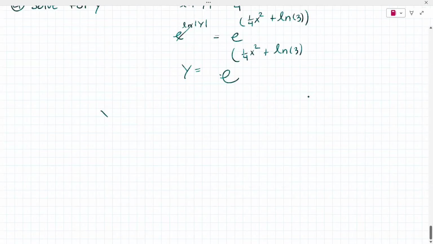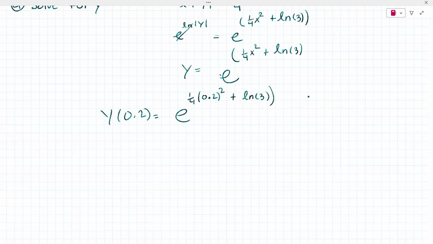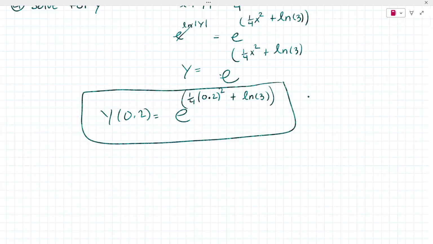So let's do that. y of 0.2 is going to be e to the 1/4 times 0.2 squared plus ln of 3. And that's it.